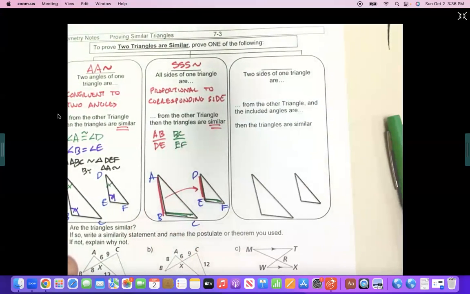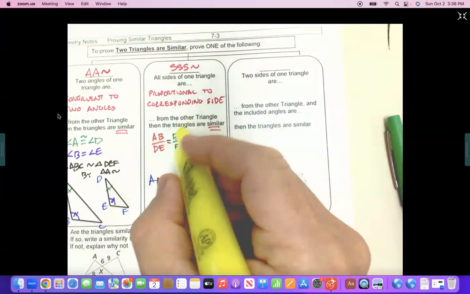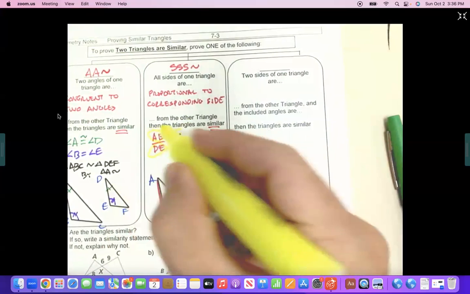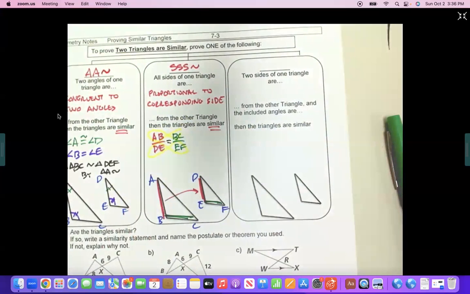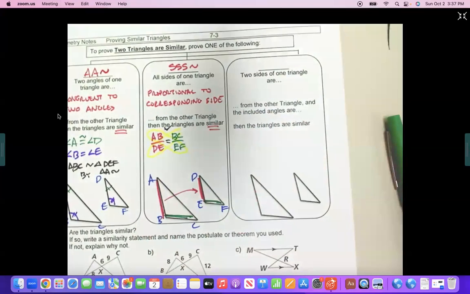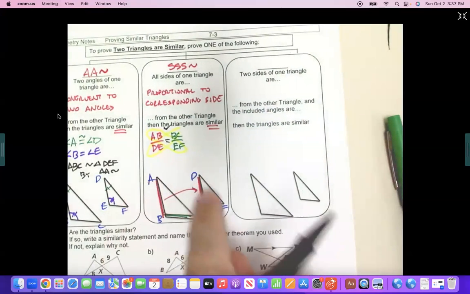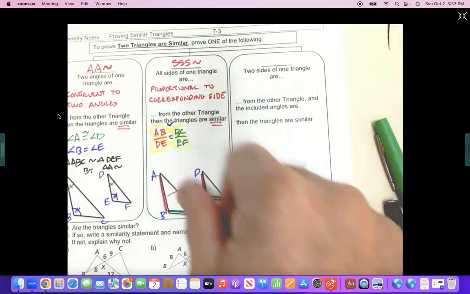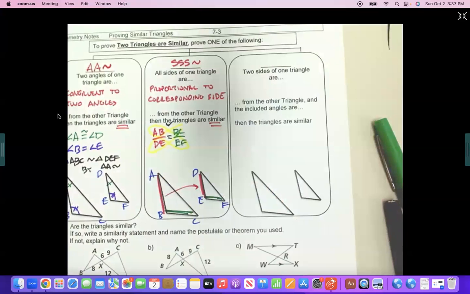And of course, if this proves to be equal, in other words, if we checked our cross products here, BC and DE multiplied together, and AB and EF multiplied together, and got the same cross products, then we would say that these two are proportional. Now, this is one set of sides. We also need to compare that with the last set of sides.